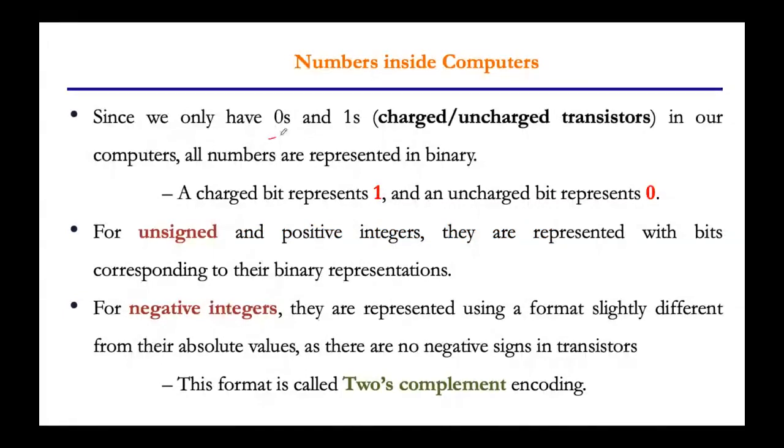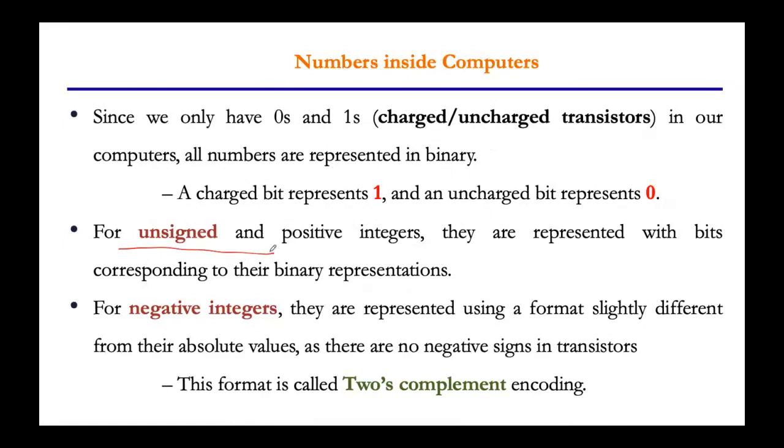Since we only have zeros and ones, the numbers inside your computers have only zeros and ones. We call them charged or uncharged: charged means one, and uncharged means zero, in the transistors of our computer. So all computers represent data in binary only.